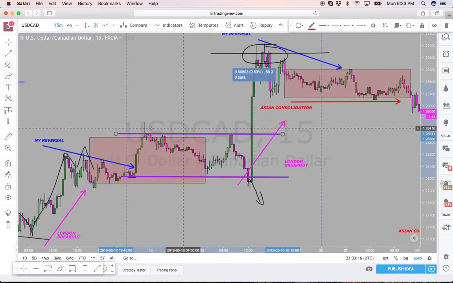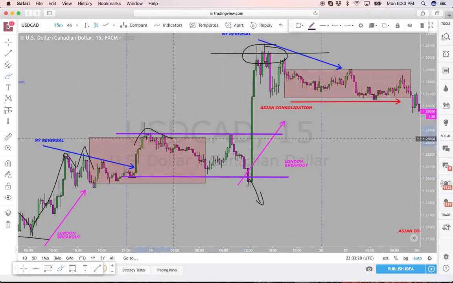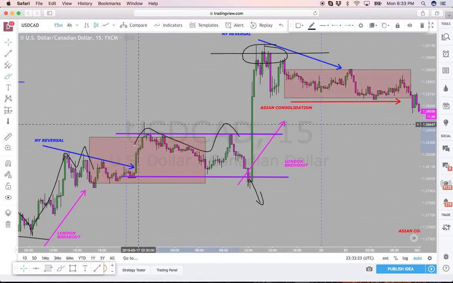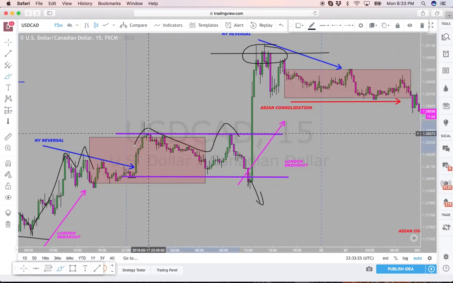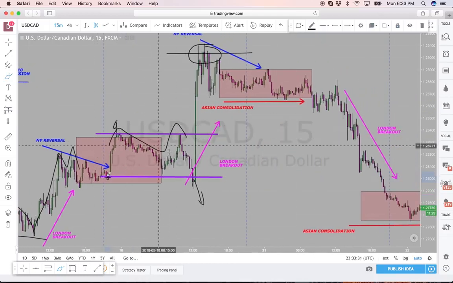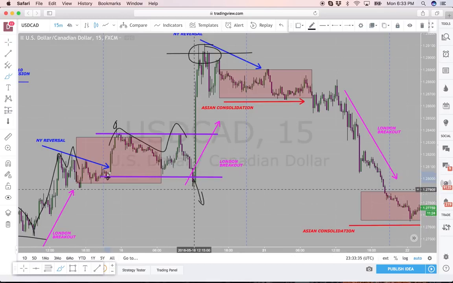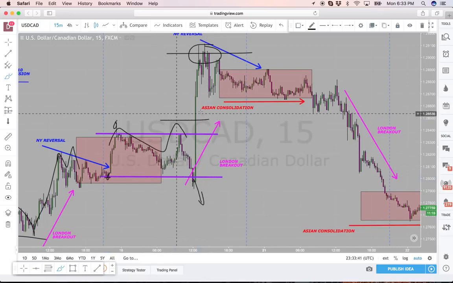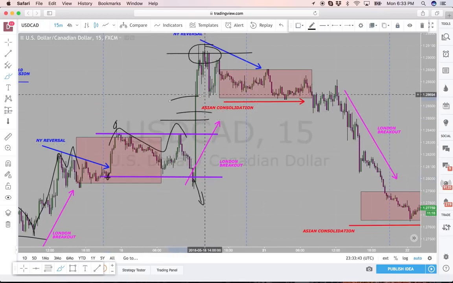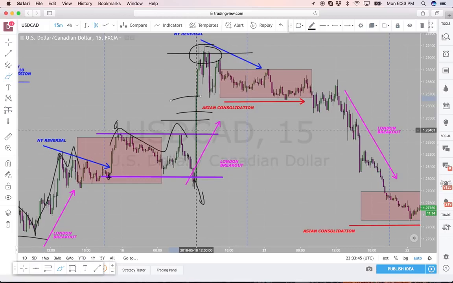Hits all the stops that were above the high Asian session made. Asian session made the high and the low. London session broke the low, inducing retail traders to sell. Where are the stop losses going to be? Most likely right up here. In one candle, it hits the stops.